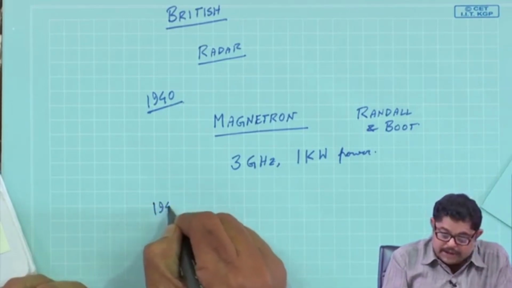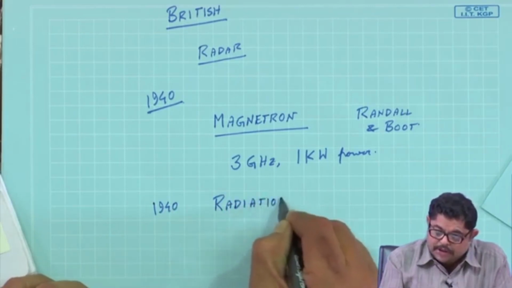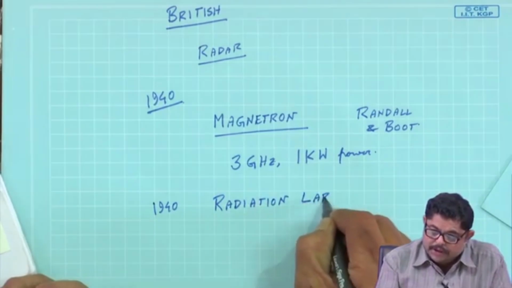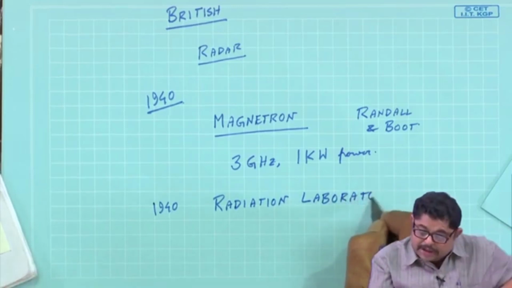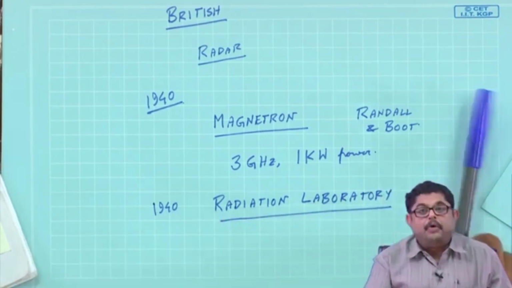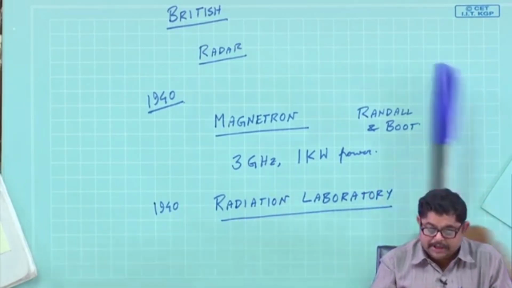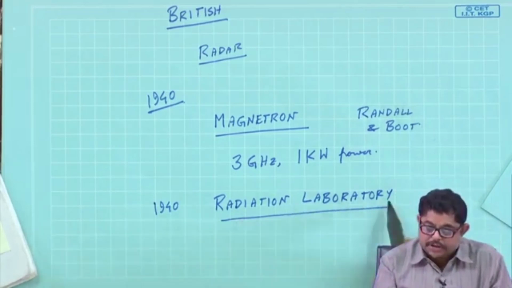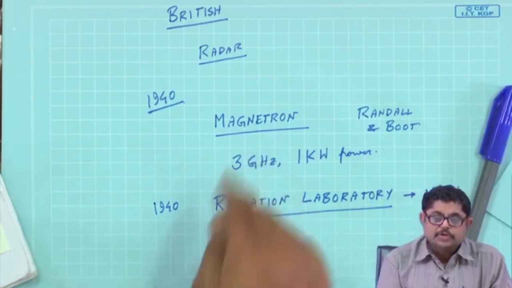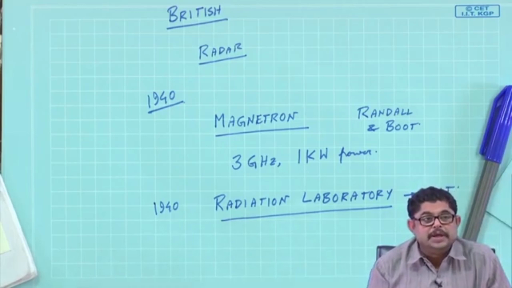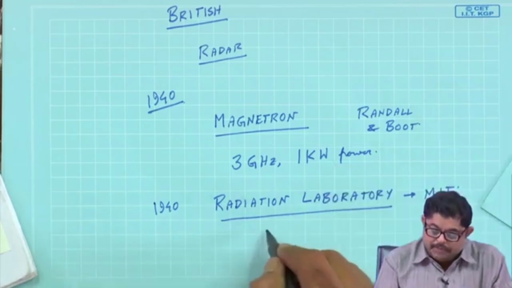In the same year, 1940, a radiation laboratory was created by the US government at MIT, Massachusetts Institute of Technology, and all the radar development that took place over the next decade was done by this MIT radiation laboratory. The magnetron was given to them, then they developed the other systems, and they published a book.